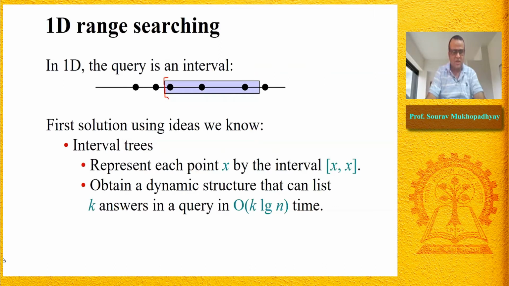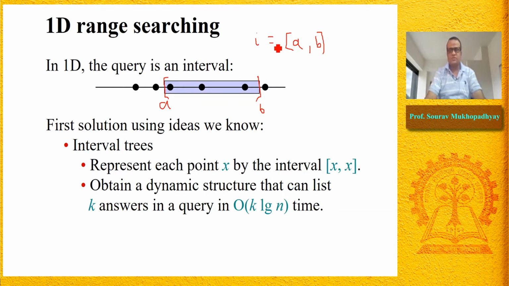That is the orthogonal range search. This is the range AB, say. Here we have a closed interval AB, and we want to find what are the points in it. We want to do the query on this query interval.